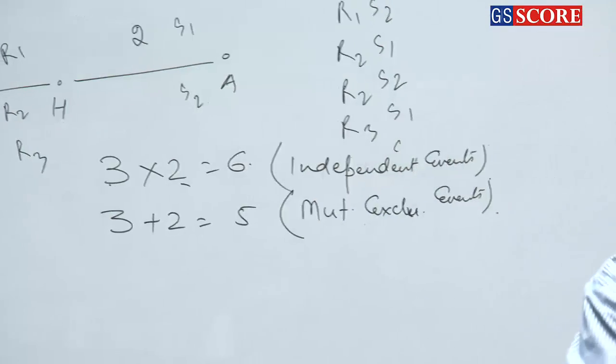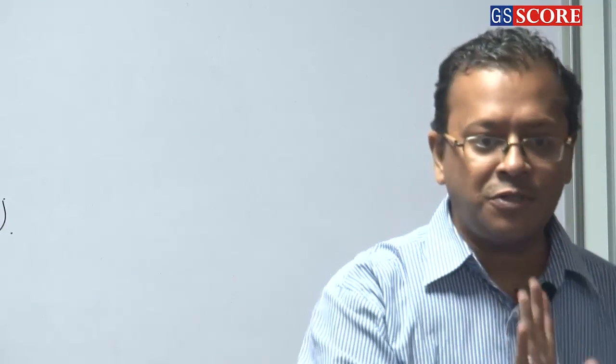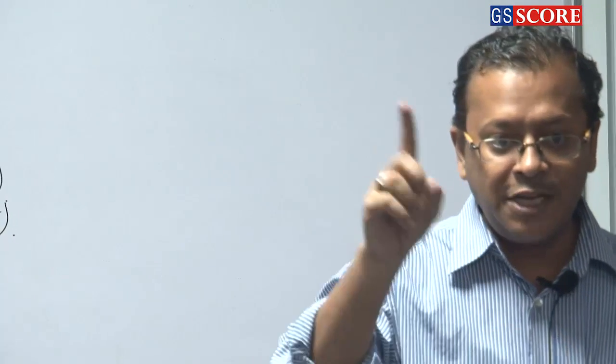Then Love comes, he has got 9 options to sit. If Pooja changes a seat from this to this seat, still he has got 9 options to sit. So for each option of Pooja, Love has got 9 options. How many options has she got? 10. So for 1 it's 9, for 10 it will be 10 into 9. 10 into 9 is how much? 90 ways.